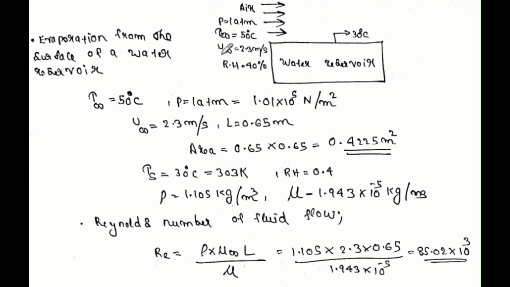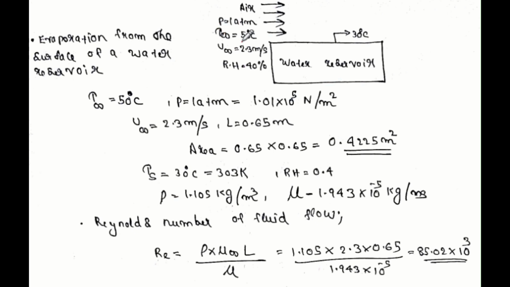So u infinity means the velocity of air, which is 2.3 meter per second. Similarly, T infinity means temperature of the air. Infinity is a normal convention used in mass transfer. It simply means the other region, not the surface. The region above it is usually called infinity.